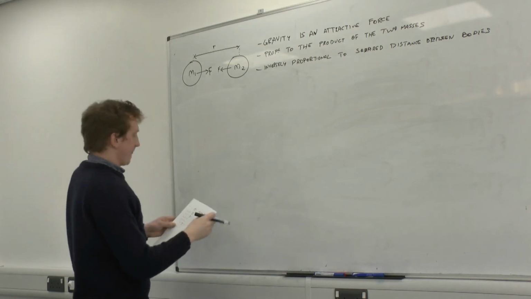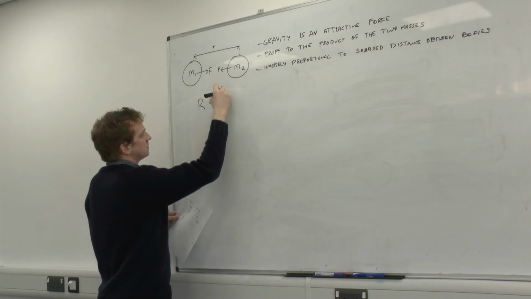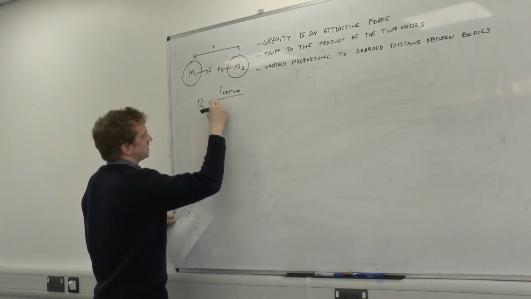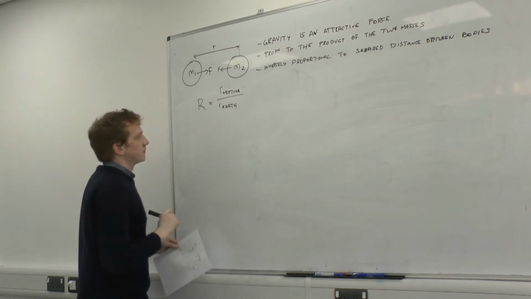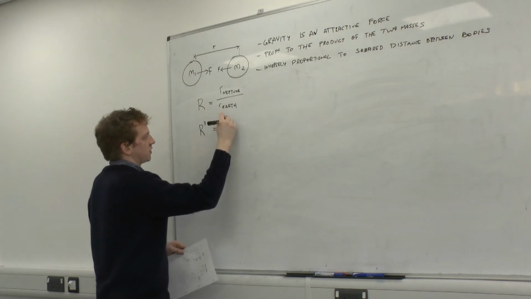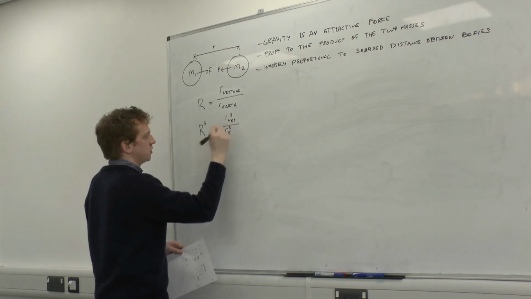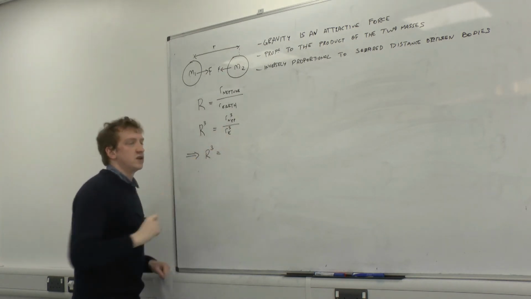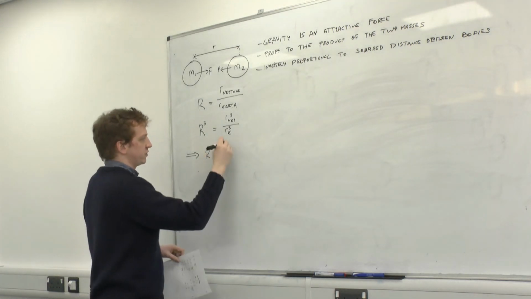So, let's say big R is the distance from the Sun to Neptune divided by the distance of the Sun to Earth. So if we work out big R cubed, this is going to be R Neptune cubed divided by R Earth cubed. And from our previous discussion, we know that this is going to be equal to the square of the ratio of the two orbital periods.